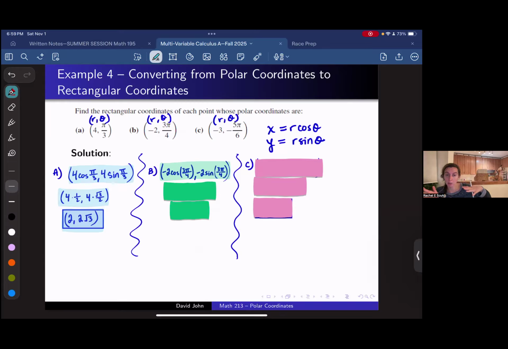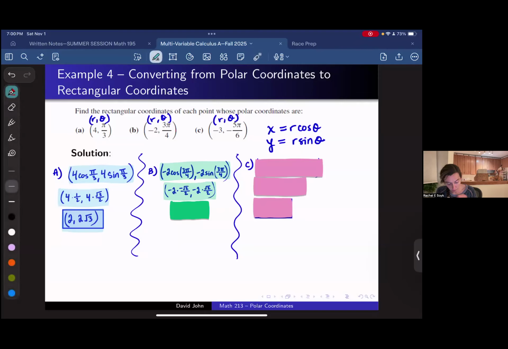So sine is going to remain positive, but cosine is going to be negative. And we know cosine of pi over 4 is square root of 2 over 2, but it's really going to be negative square root of 2 over 2 since it's in that second quadrant. Sine of 3 pi over 4 is going to stay as positive square root of 2 over 2, and then it's going to be multiplied by that -2.